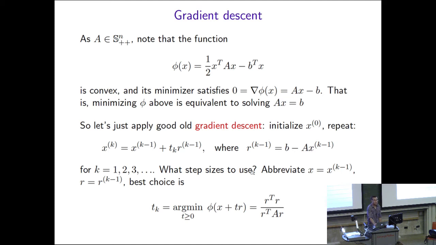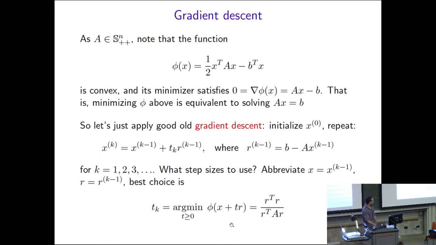Okay, this is an interesting case where we can do exact step size optimization. We can look in the direction r that we're trying to traverse with gradient descent, and find the step size t that minimizes this quadratic exactly. Back when I talked about gradient descent, I said this was never a good idea unless you had quadratics, which at the time seemed like a weird special case, but now we're in this special case.